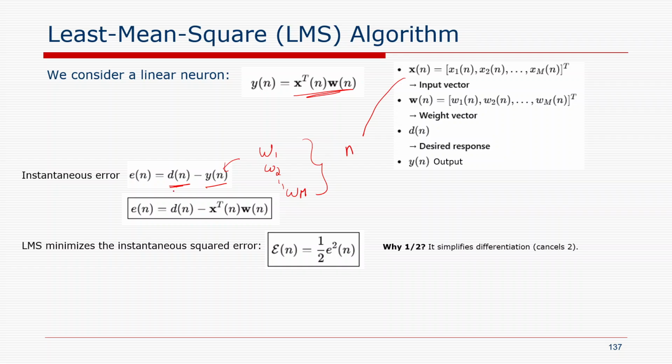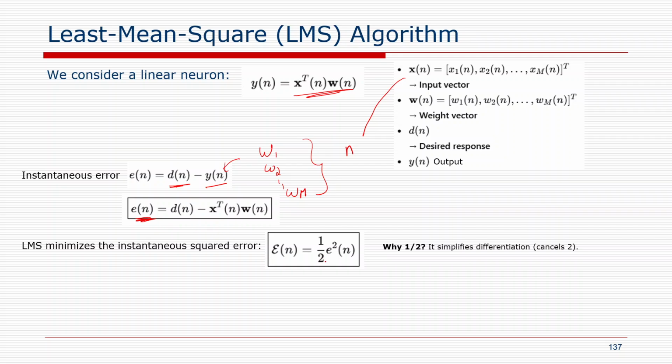What are the best values we can give for these weights so that our error is minimized? In this equation, the error is d of n minus y of n, where y of n is x transpose of n times w of n. Our task is to minimize this error. We take the squared error because it is a difference.